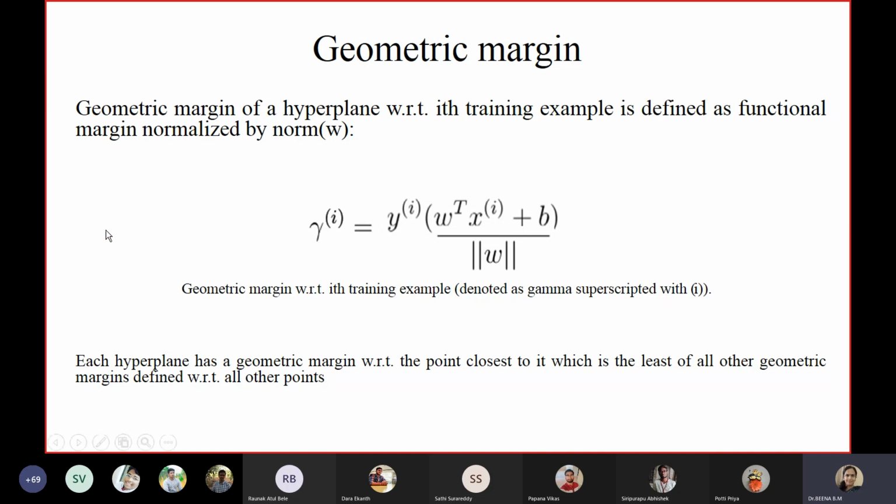It means the gamma value of i gives the points which are at the minimal distance to the plane. There are some vectors in class A and class B which are very close to the margin.